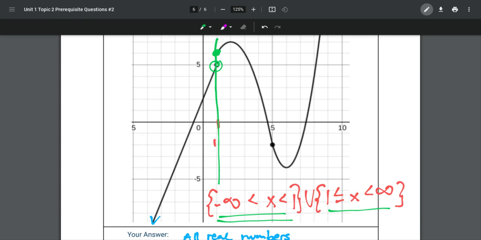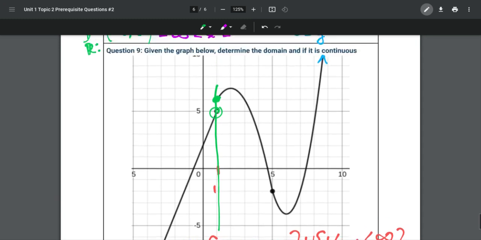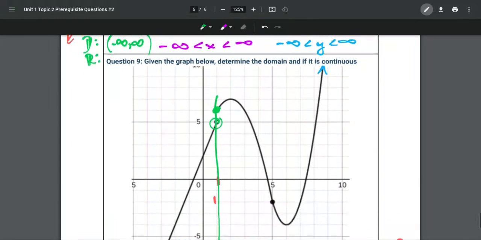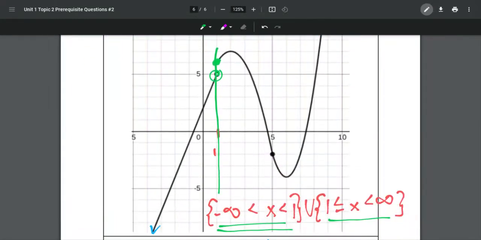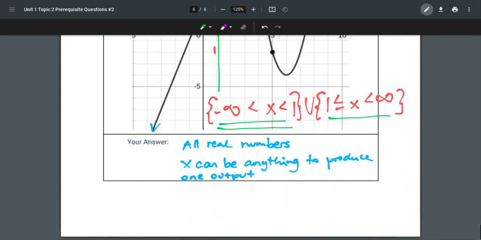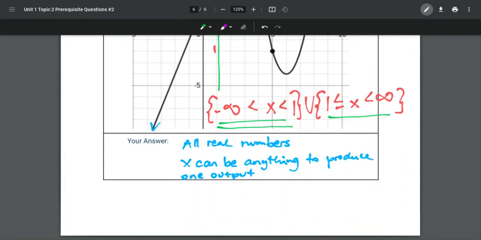It's greater than negative infinity, but less than 1. But for the other piece where it takes over, it's greater than or equal to 1 and less than positive infinity. So that's a union here. The left and the right combined still give you all real numbers. That's that.